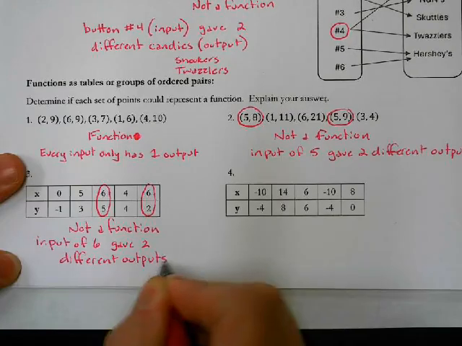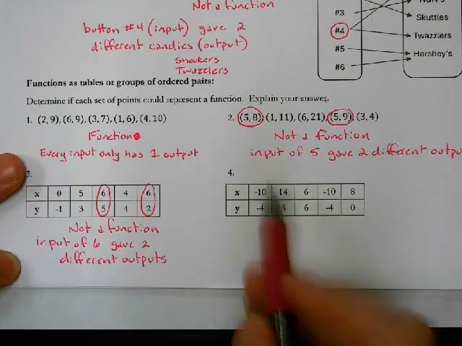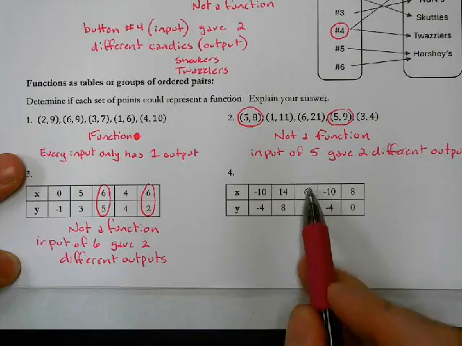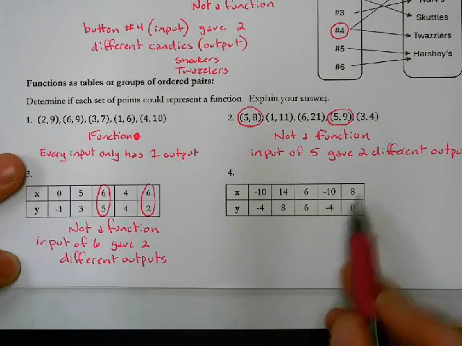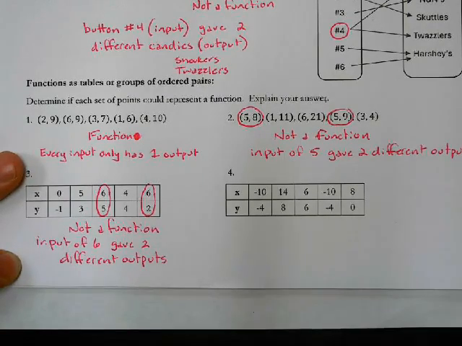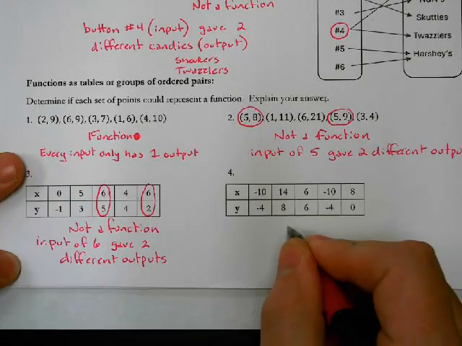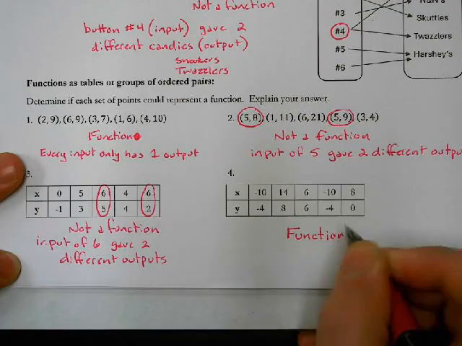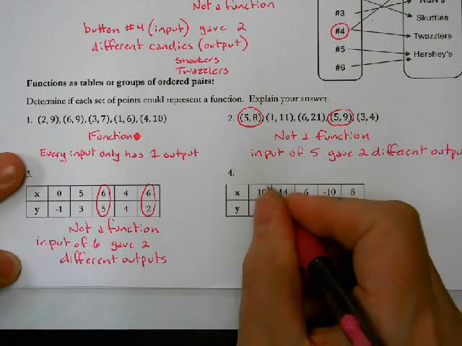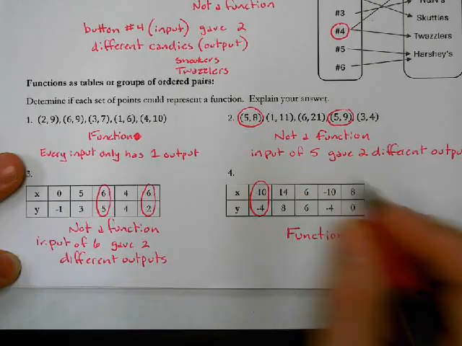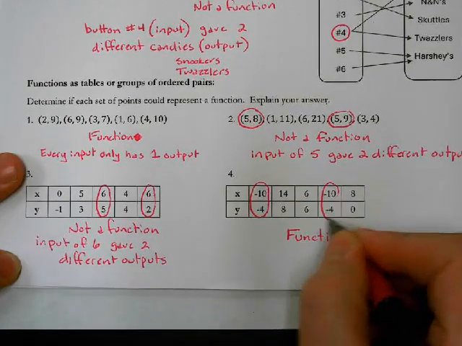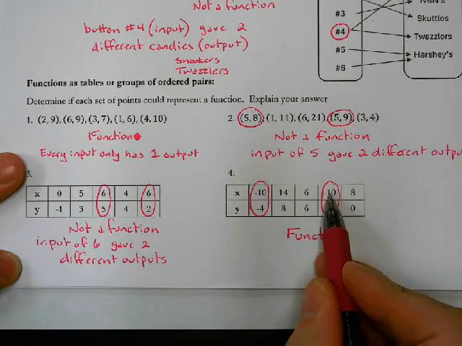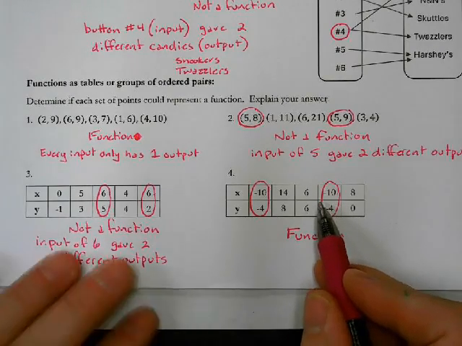Okay, next one. -10, -4, 14, 8, 6, 6, -10, -4, 8, 0. Now you might be tempted on this one to say that it is not a function. It actually is a function. Why? You might have noticed that we've got -10, -4, and -10, -4. Now the -10s, the input is repeated, but look at the output. The output is the same.